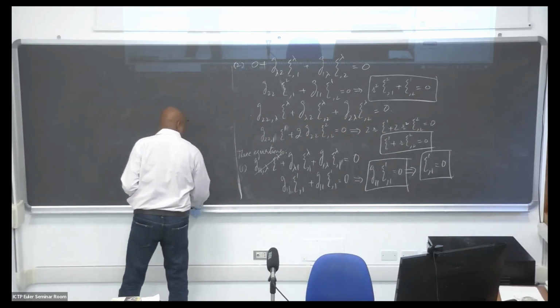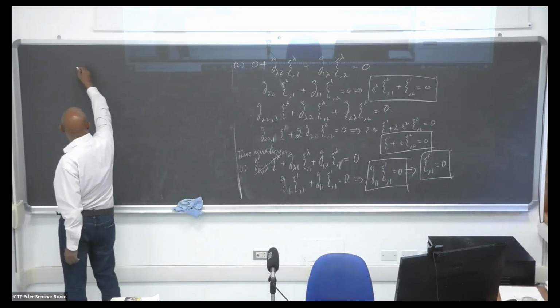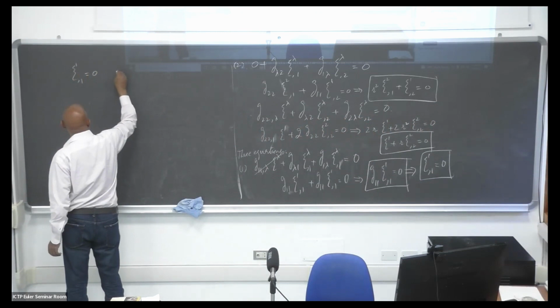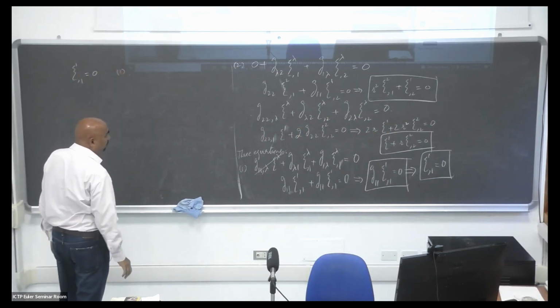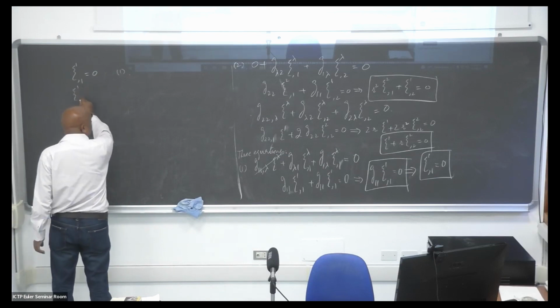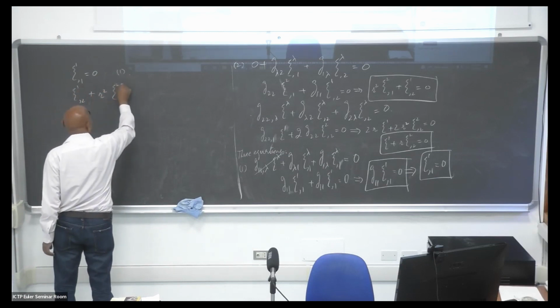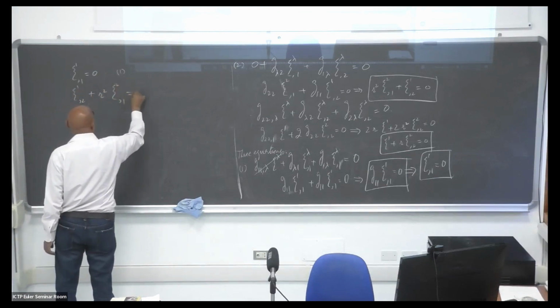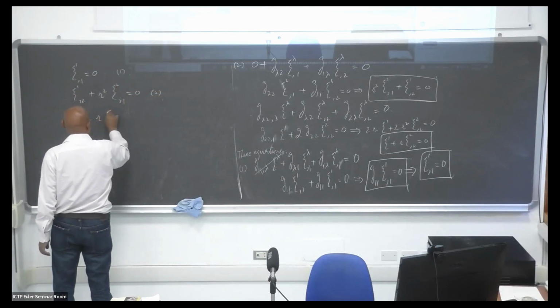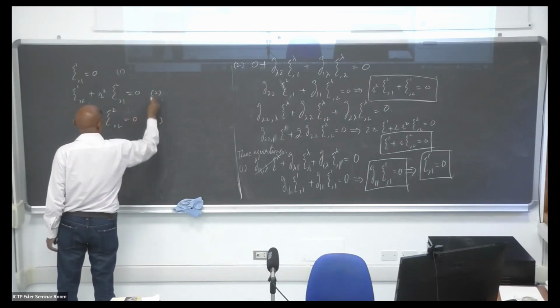So let me write these three equations. Xi 1 comma 1 equal to 0, this is equation number 1. Xi 1 comma 2 plus r square xi 2 comma 1 equal to 0, this is equation number 2. And xi 1 plus r xi 2 comma 2 equal to 0, this is equation number 3.